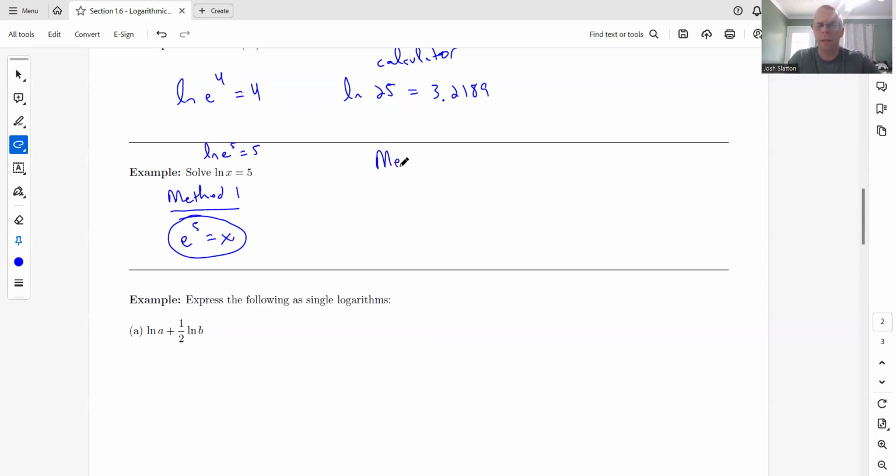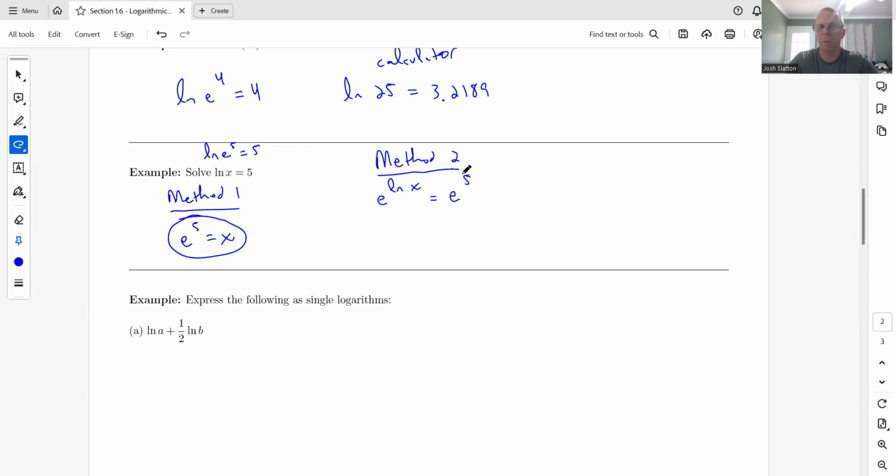The other method would translate to more difficult, more complicated equations. And that is, we can use the opposite property of this. So it would say e to the ln of x just equals x. But we're going to raise both sides of this equation. We're going to put e as the base.